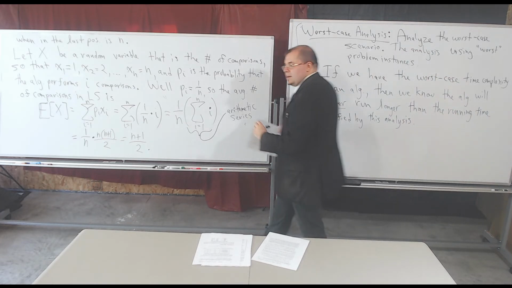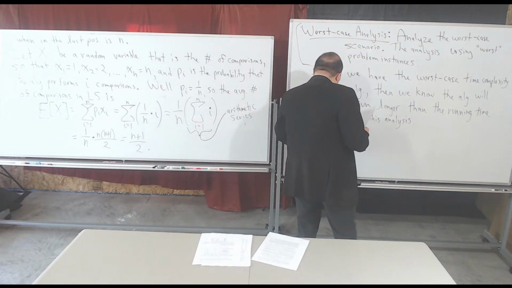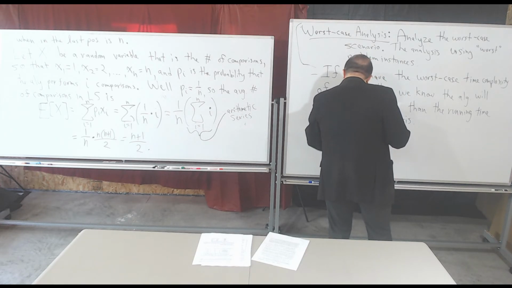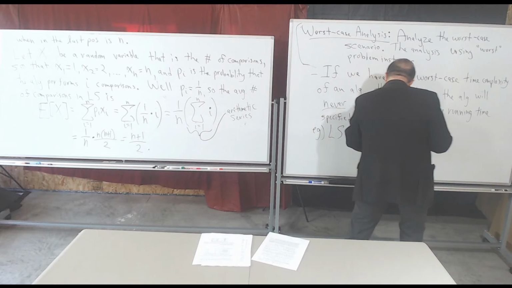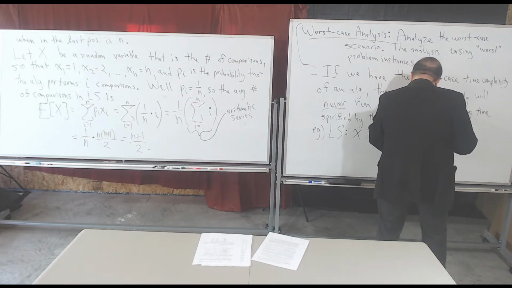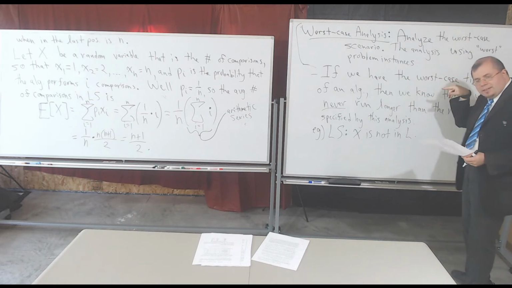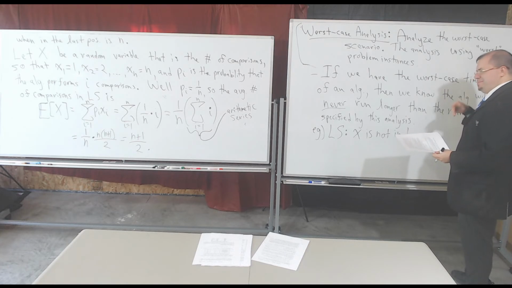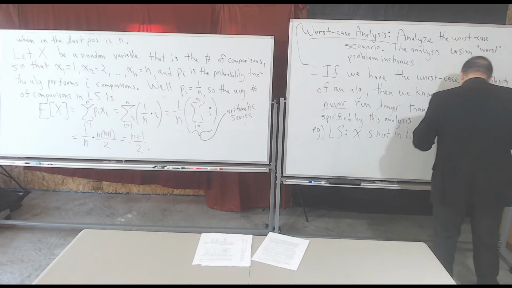So just think of the worst possible scenario that can happen when it comes to your algorithm. So in the case of linear search, a natural one is when x is not in L. How many comparisons does that mean? Well, I have to scan from left to right. So I go boom, boom, boom, boom, through each one of the positions. I don't find it, right? Well, how many comparisons did I have to do? N, right?